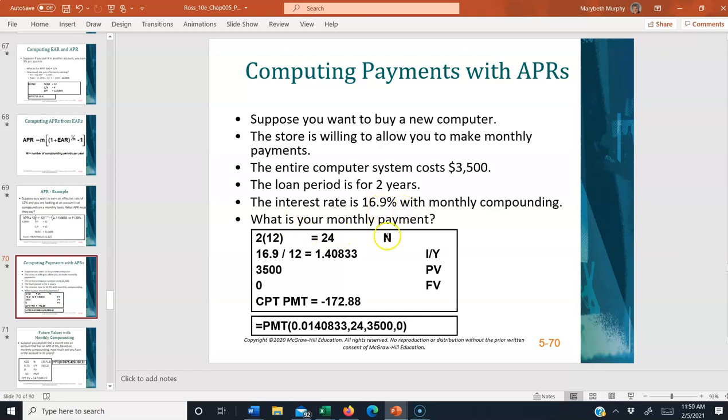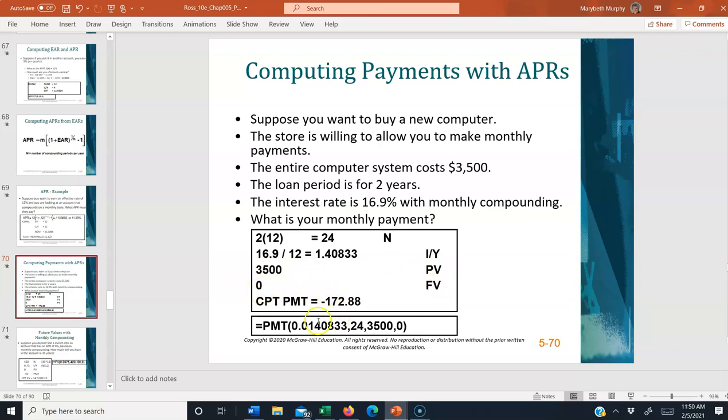That's a monthly payment. The 16.9% is an annual rate with monthly compounding, so we need to divide that by 12. 16.9 divided by 12 is 1.4033. That's your interest rate per month. The present value is $3,500. The future value is 0 because we won't owe anything in the future.